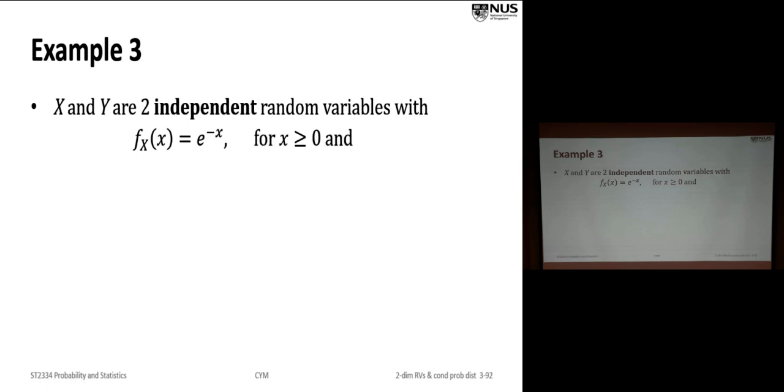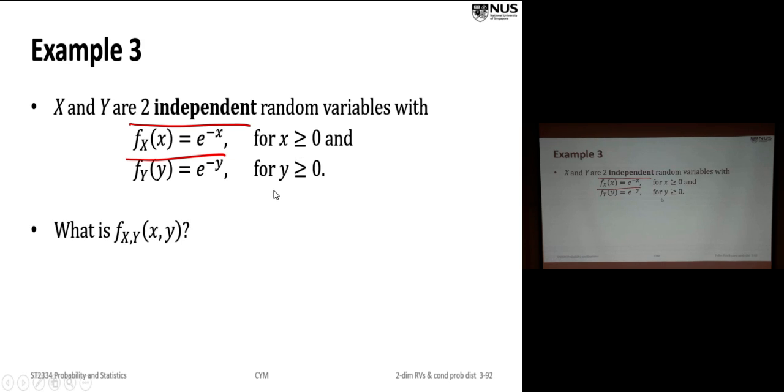This time it is for continuous random variables, and we are told that these two random variables x and y are independent. All right. So we are given that they're independent, and we are given that f of x equals e to the power minus x for x greater or equal to 0. All right. And f of y equals e to the power minus y when y is bigger or equal to 0. Then what is the joint distribution?